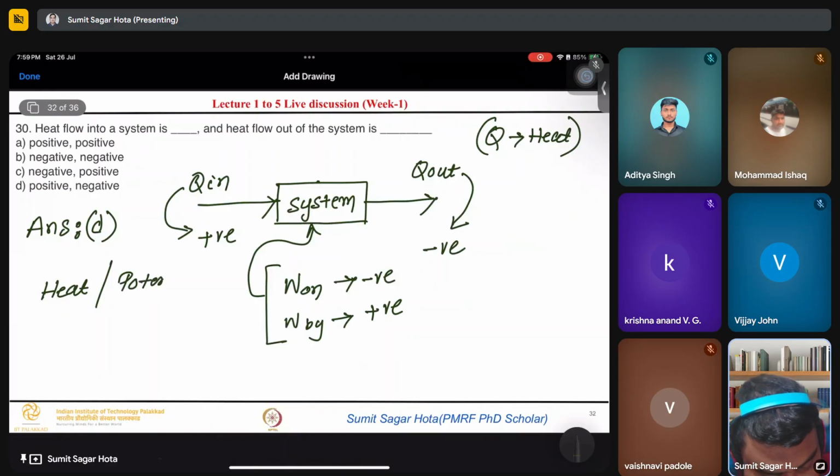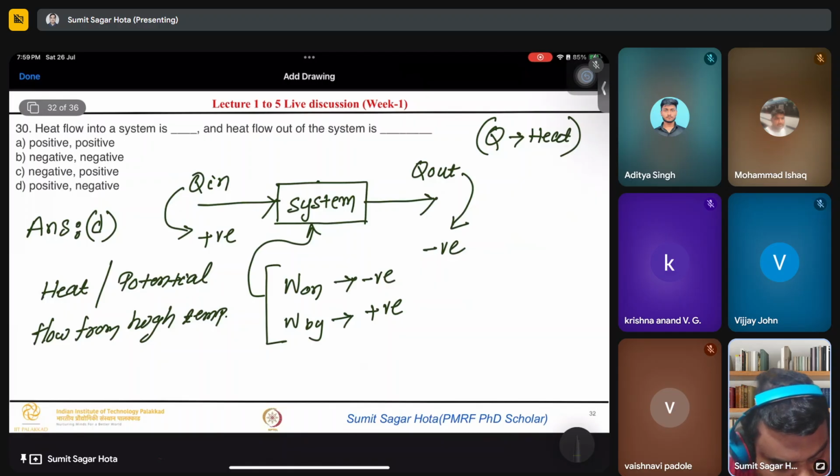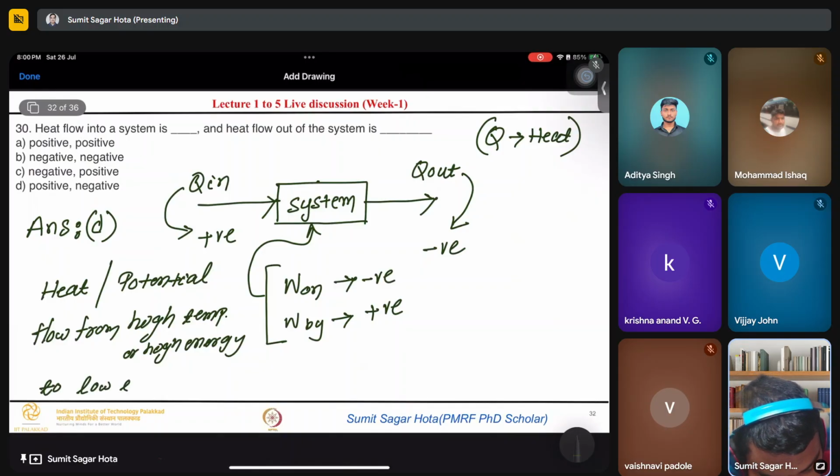Potential flows from high temperature or high energy to low temperature or low energy system.